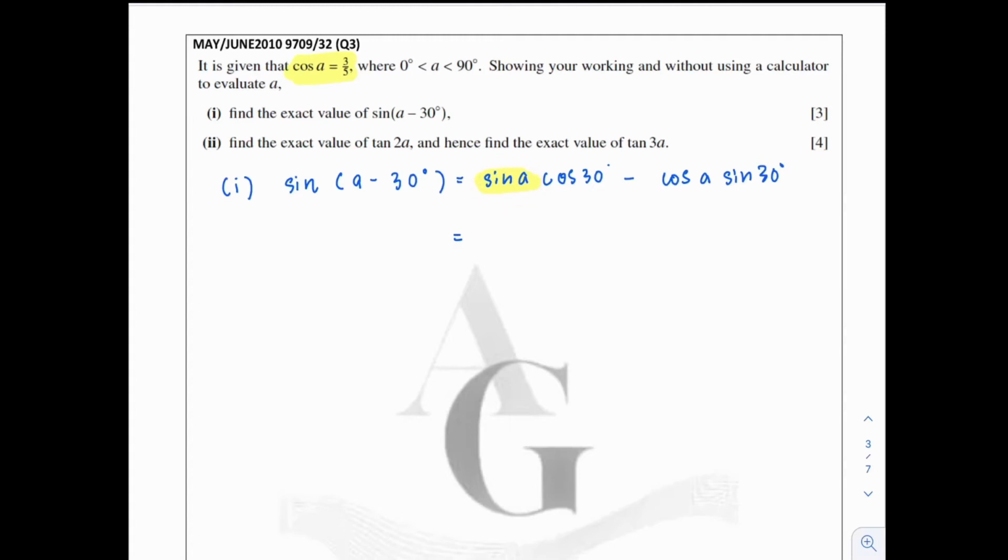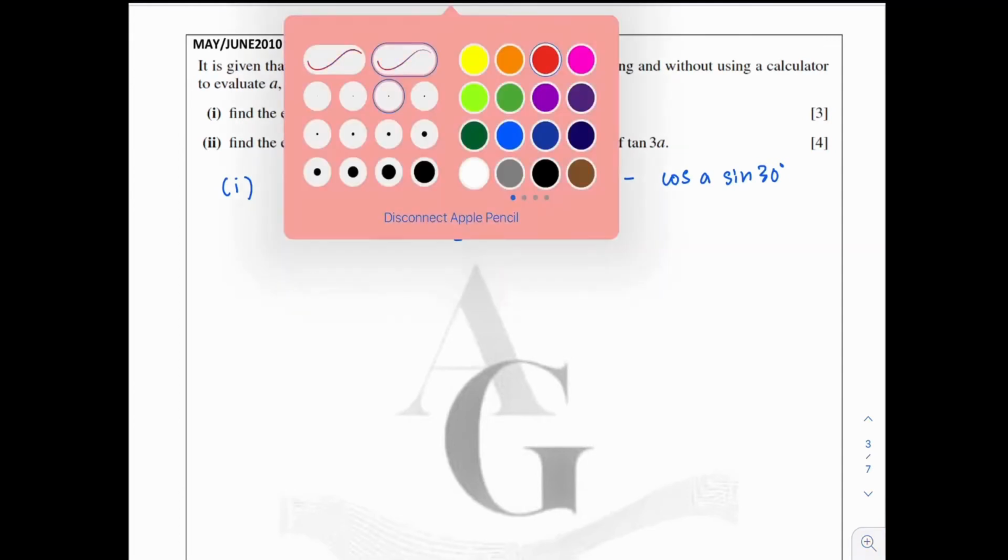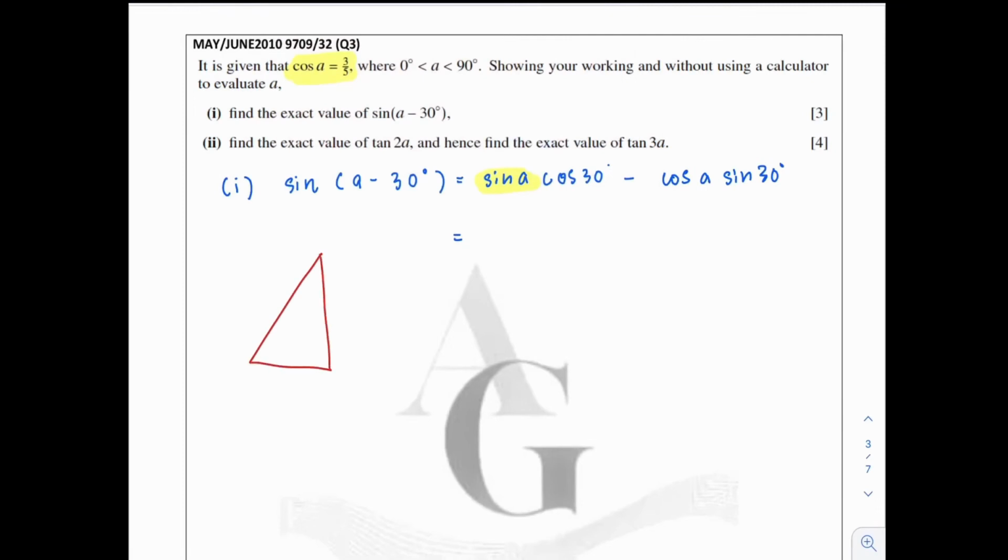We can actually find out the sine A by using the right angle triangle's ratio. So let's build a right angle triangle here, and let's say I name this angle as the angle A. According to the question, cos A is equal to 3 over 5, which is the adjacent 3 over the hypotenuse 5.